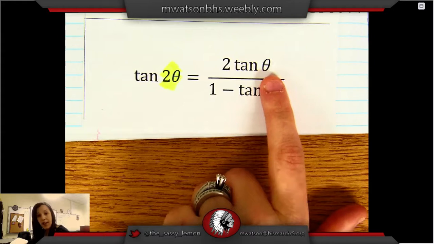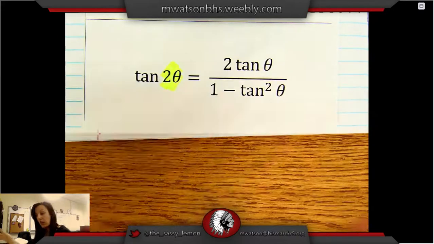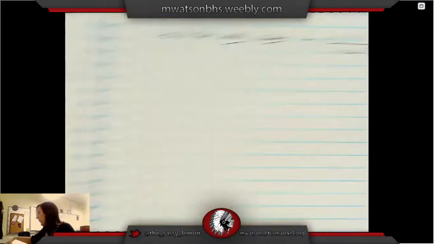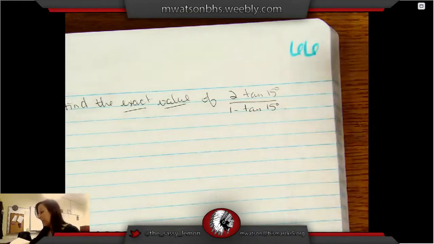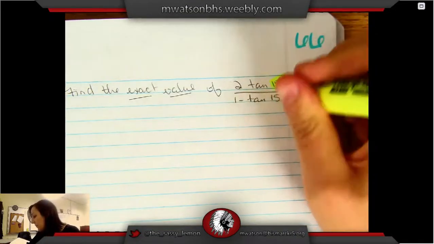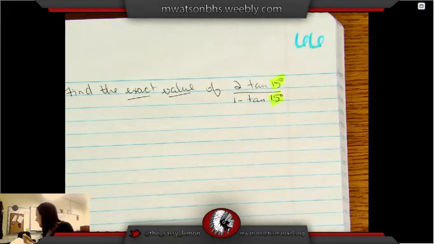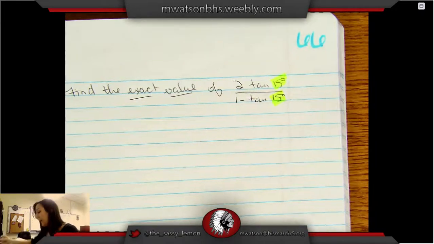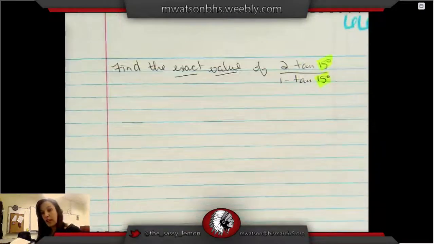What is our theta in this example? Hopefully you're like, well, it's 15. So over here I'm just going to highlight that. So the 15 is my theta. If 15 is my theta, then I can actually work this formula in reverse.